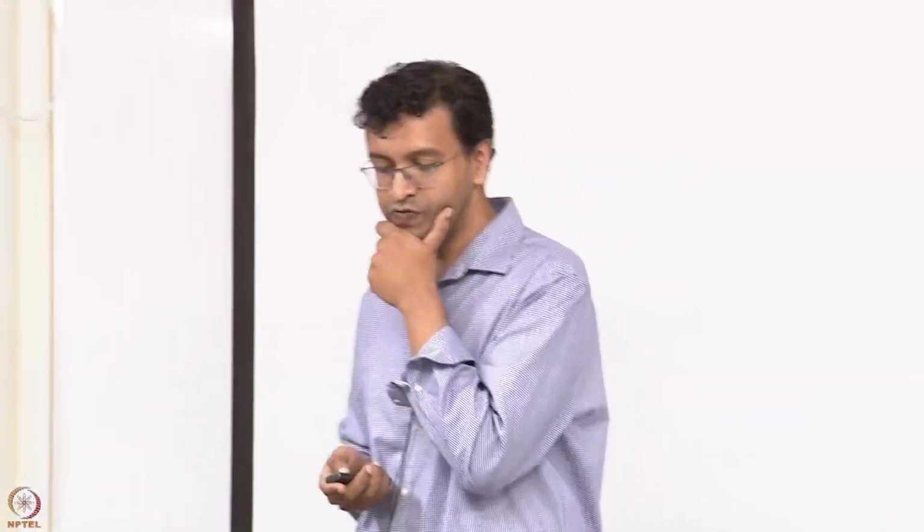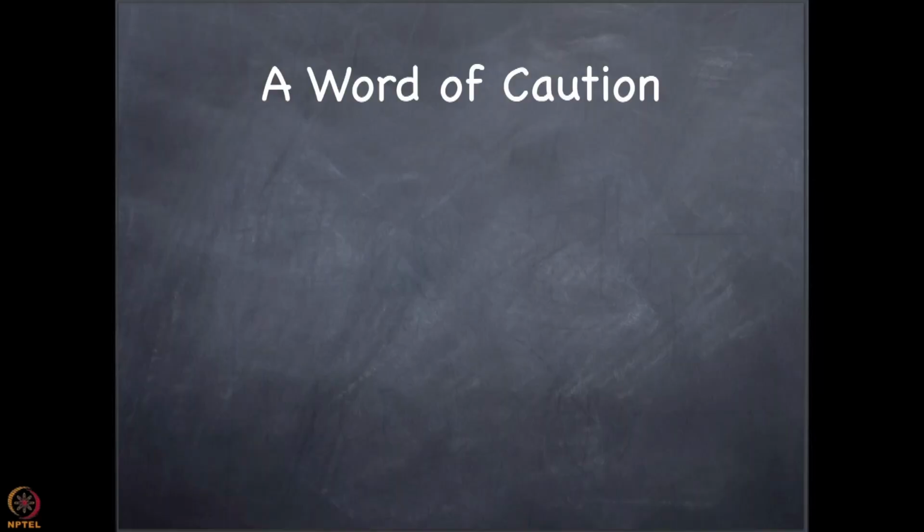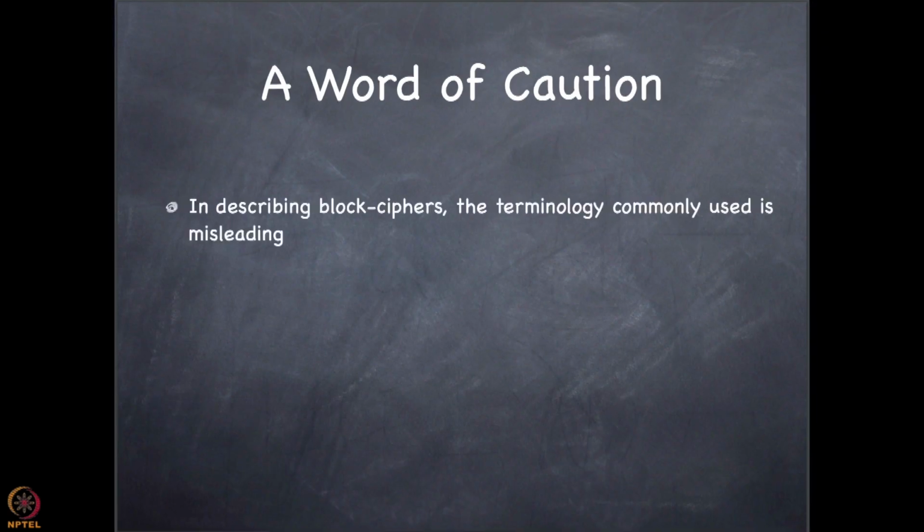Okay, it's a good place to point out some confusing terminology. If you look at how block ciphers are described, and you go online, Stack Exchange, wherever, a lot of the terminology is confusing or misleading, and that's not just on the internet. That's how the standards have become the language in that literature, because these are things from the 70s carrying forward.